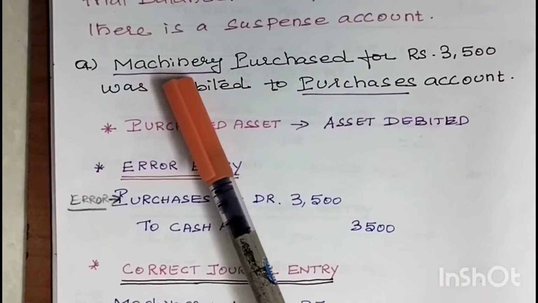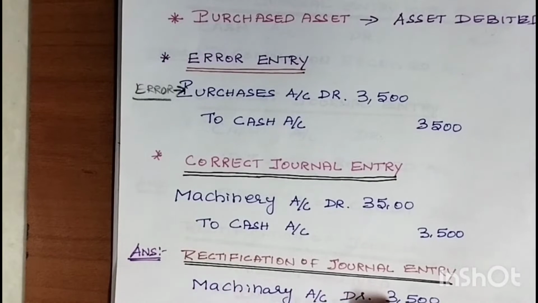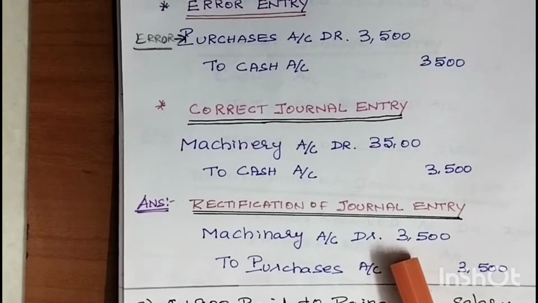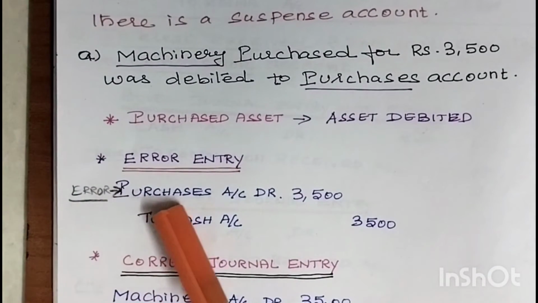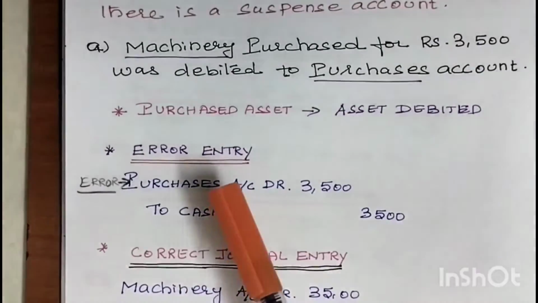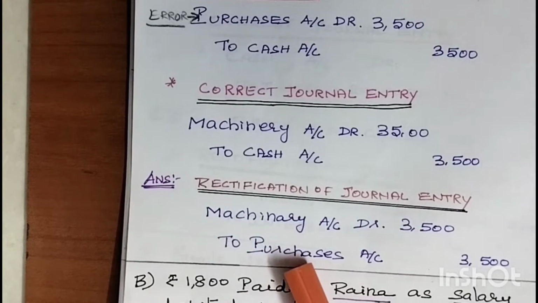We enter machinery account debit. Machinery account is debited. Then which is the error? Purchases account is debited. So we have to enter the error entry on the credit side. The error account is to be entered here.